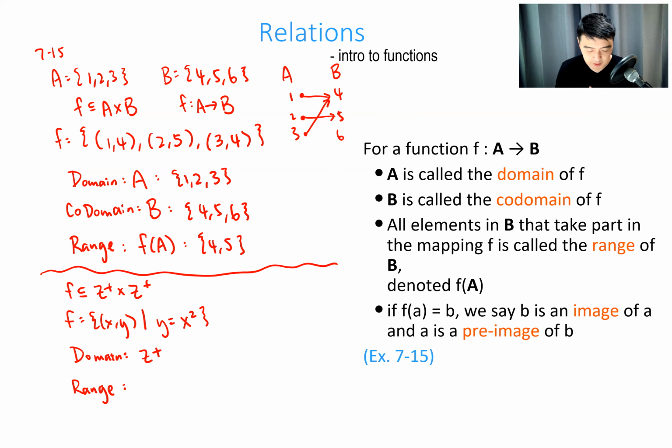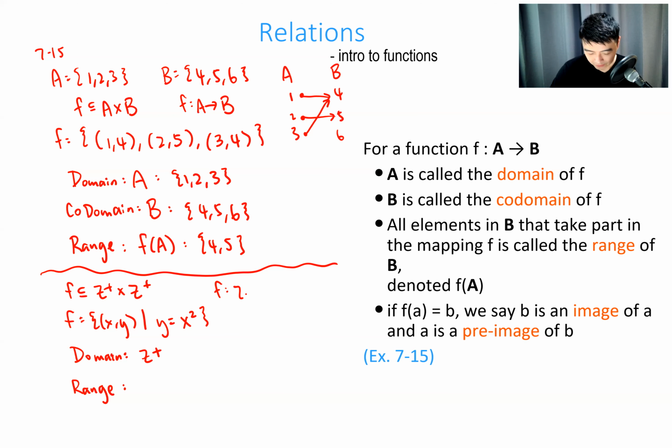Yes, it does. Is it true that every x gives us at most one y? Is there an x that would give us two y's? The answer is no. For example, 1 goes to 1, 2 goes to 4, and 3 goes to 9, and so on. So this is actually a function.